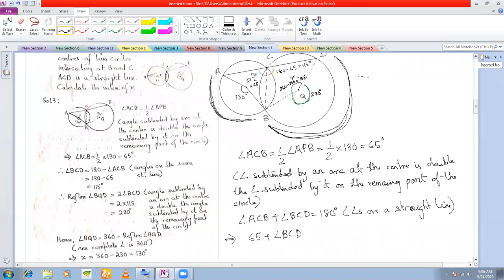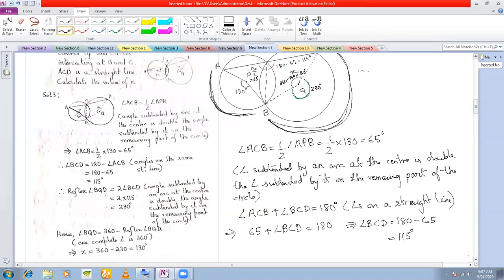So you need to find angle BCD, the red angle. So that means angle BCD is 180 minus 65, which is 115 degree.